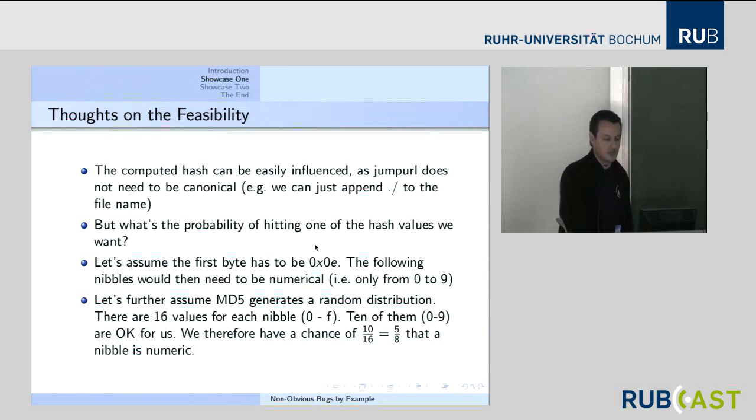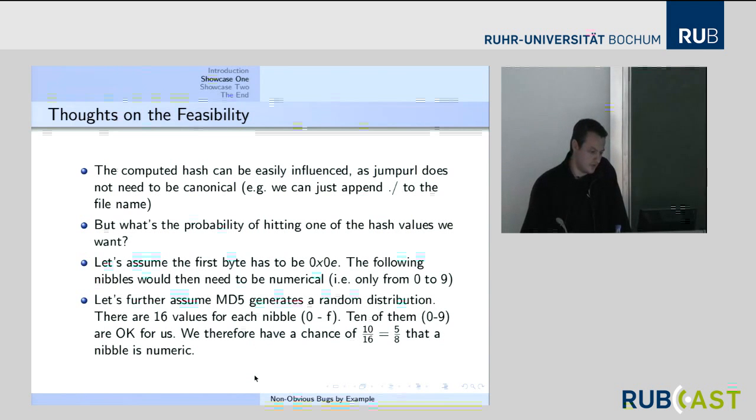If there were any letters in it, then PHP wouldn't consider the resulting string numerical. So let's further assume that MD5 generates a random distribution. I guess for this use case, it's okay.